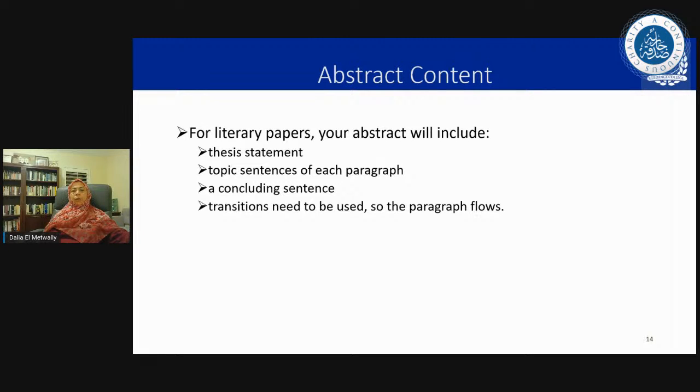All you have to do is find your thesis statement, put it there, find your hypotheses, put it in simpler words, your topic sentences of each paragraph. If you've written your paper correctly, this should have the whole idea of your actual paper. And then the concluding sentence, and then transitions need to be used so that the paragraph flows.